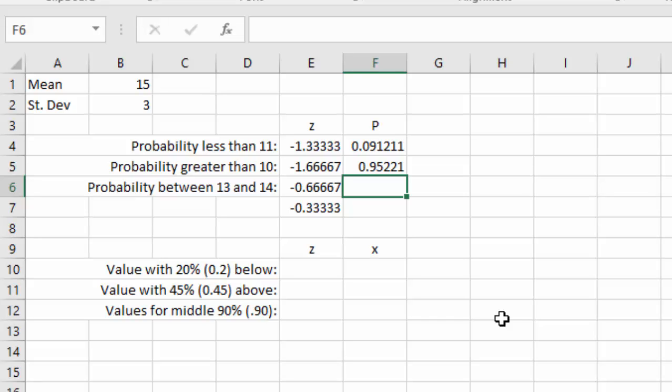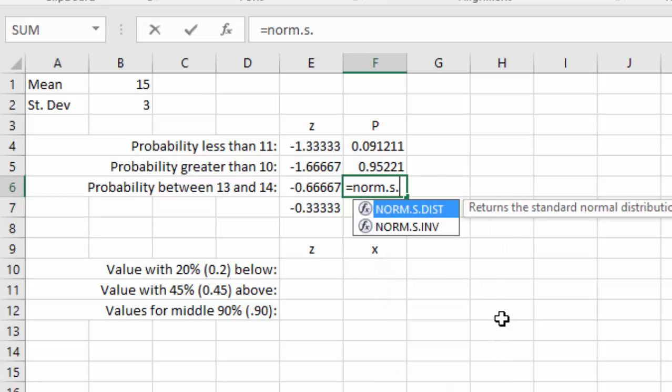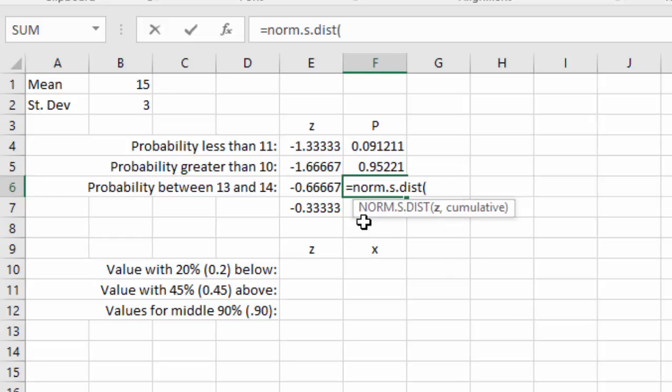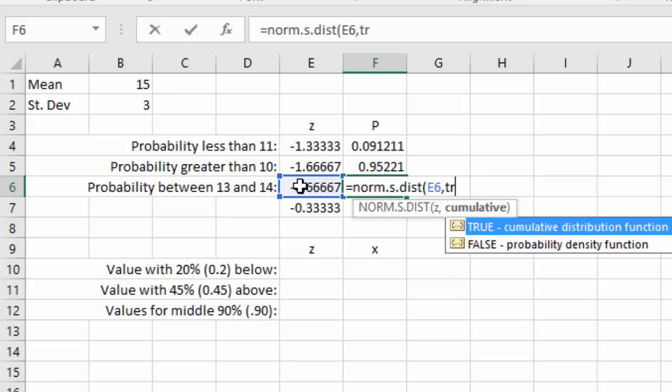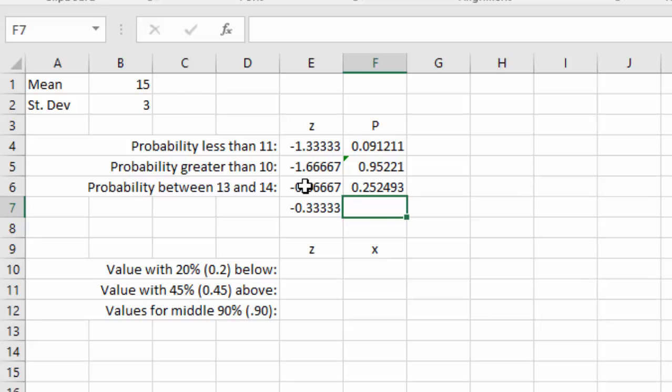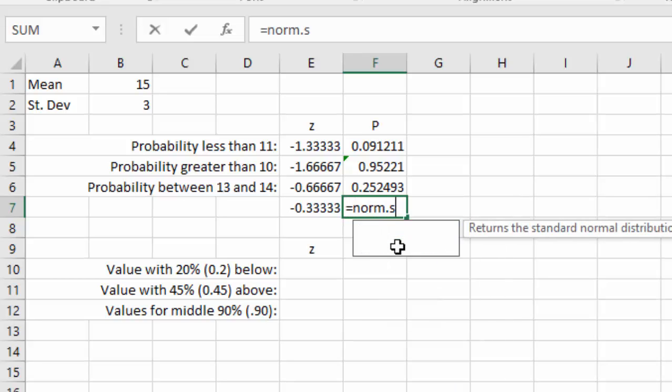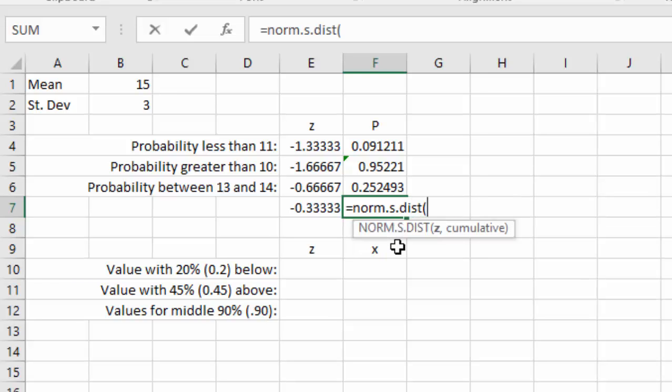There's a couple ways we can do this. We can find the individual probabilities by hitting equals norm.s.dist, the z-value and true. And we find that the 13 has 25% to the left of it. For the 14, equals norm.s.dist, open a parentheses, click the z-value, and type in true.